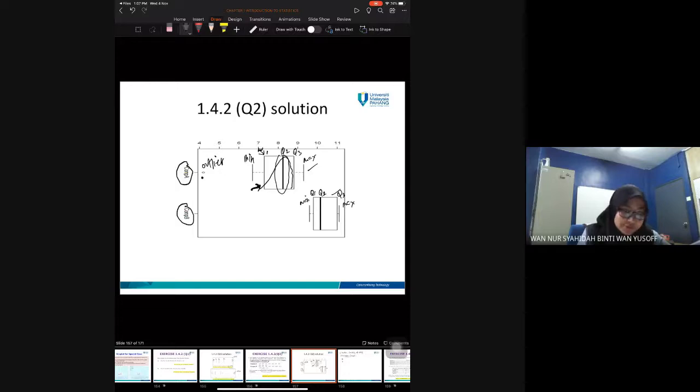For company B, your Q2 is close to Q1, so it is right skewed. So how is it symmetric? If symmetric, let's say that we have this, sorry.